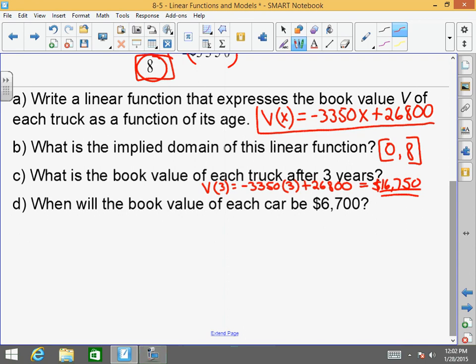B, when will the book value of each truck be $6,700? In this case, they're giving me the V of X. So I'm saying the value of my truck is $6,700. How many years until I get to that value? Well, it's simple.